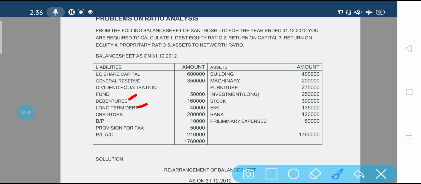General reserve, capital and reserve. Dividend equalization fund, capital and reserve. Debentures, long-term loans and liabilities. Long-term debt, long-term loans and liabilities. Creditors, current liability. Bills payable, current liability. Provision for tax, current liability. P&L account comes under the capital and reserve category.